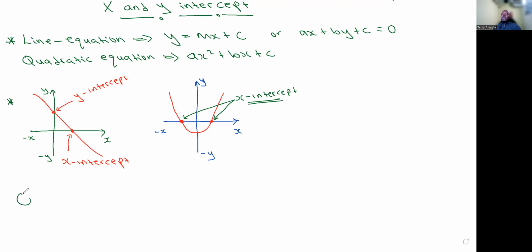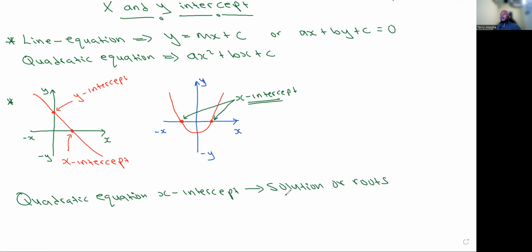So when we talk about a quadratic equation, the x-intercept is the same thing as solving the equation, the solution, or the same thing as the roots. I've shown you how to solve a quadratic equation, either using the formula, the factorization method, or the completing the square method.